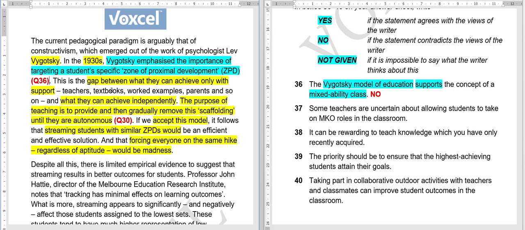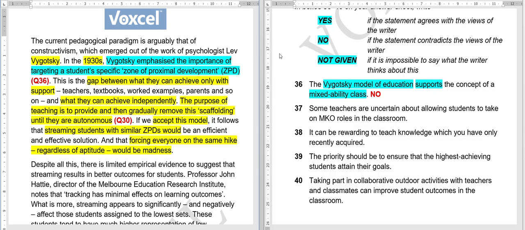So students of similar ability should form one class and other students should form other classes. So this person is in favor of dividing classes according to ability, not in favor of mixed ability class. That's why the answer to this question is no. I hope it is clear.